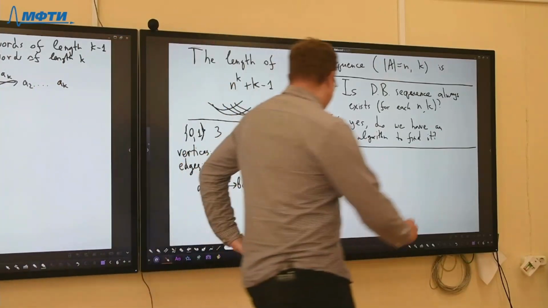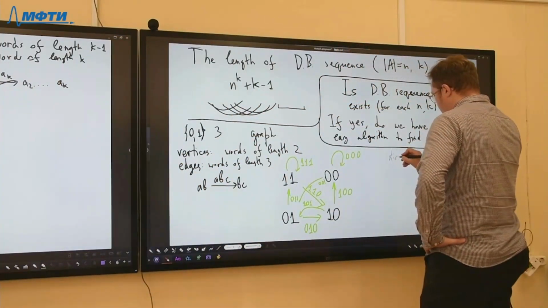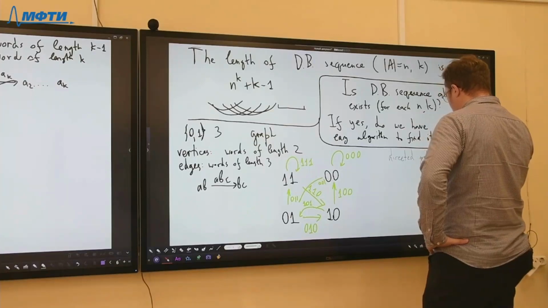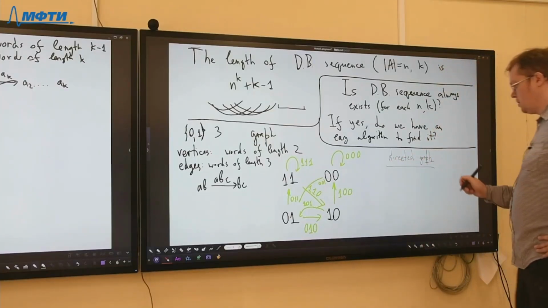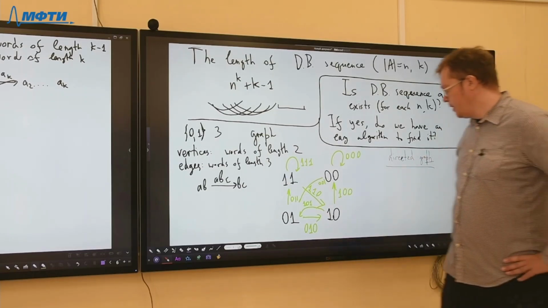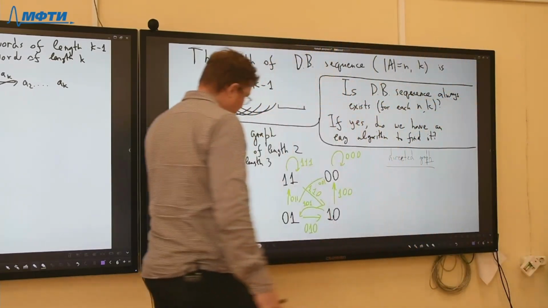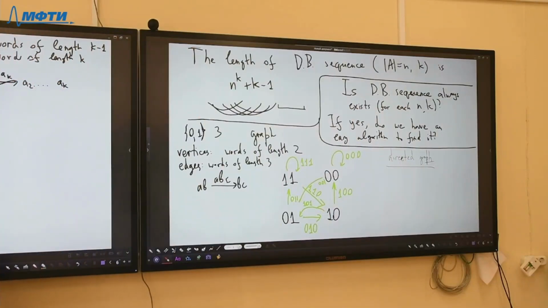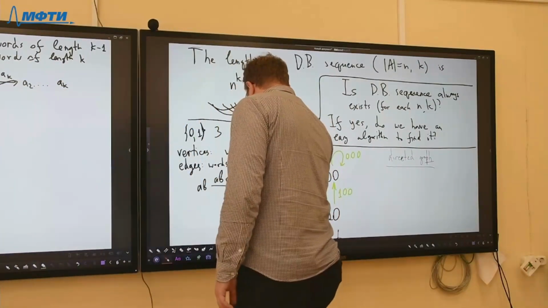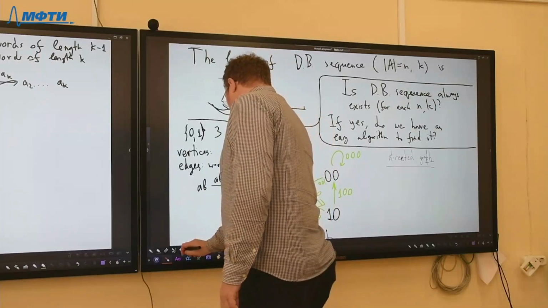So this is a directed graph, yes, because now each edge has a beginning and an end. So it goes from one node to another node. Okay, let me just focus.